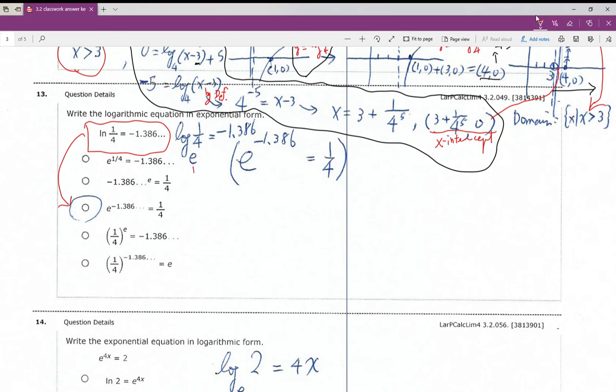So this is the base, and this is the exponent. This is the exponent. Okay. And the input becomes the output. So this is the rewritten form.